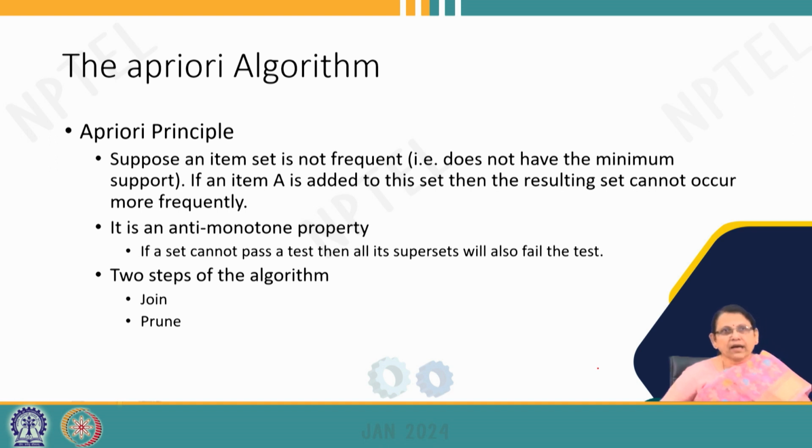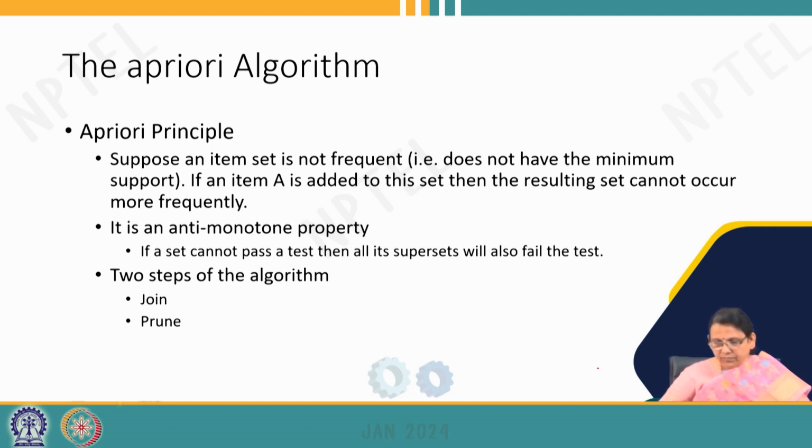So, this apriori algorithm is based on this apriori principle. This apriori principle says that suppose an item set is not frequent, which means it does not have minimum support. So, if an item A is added to this set, then the resulting set cannot occur more frequently.